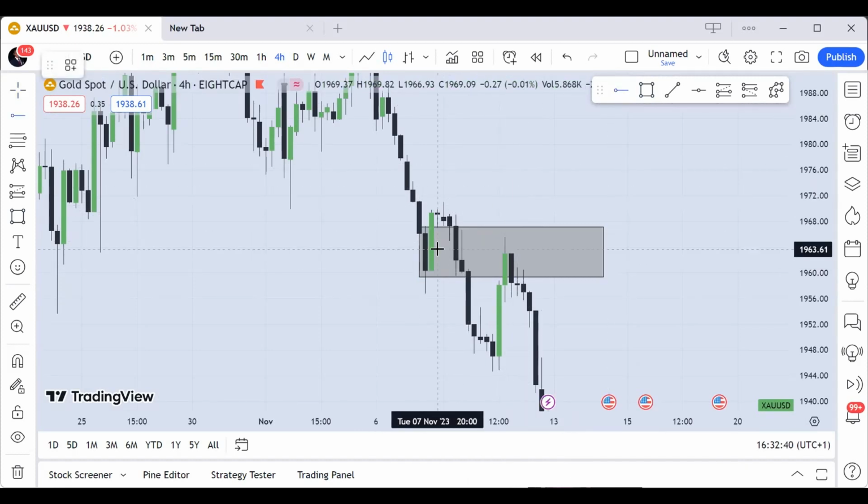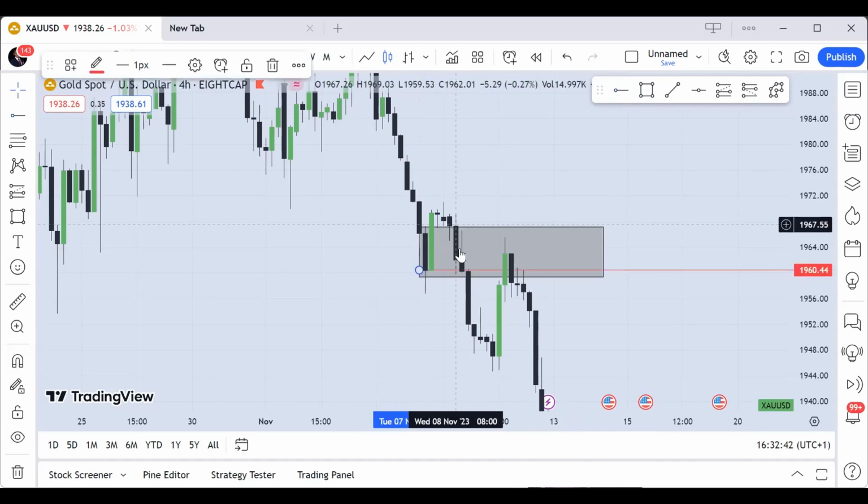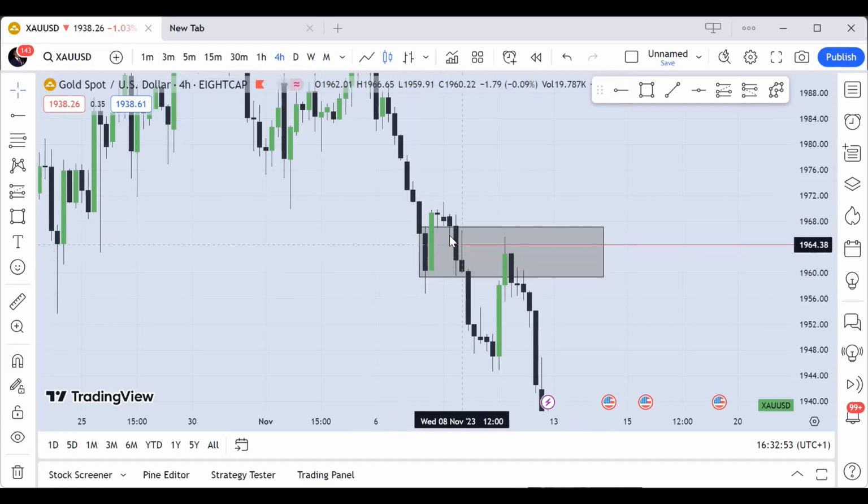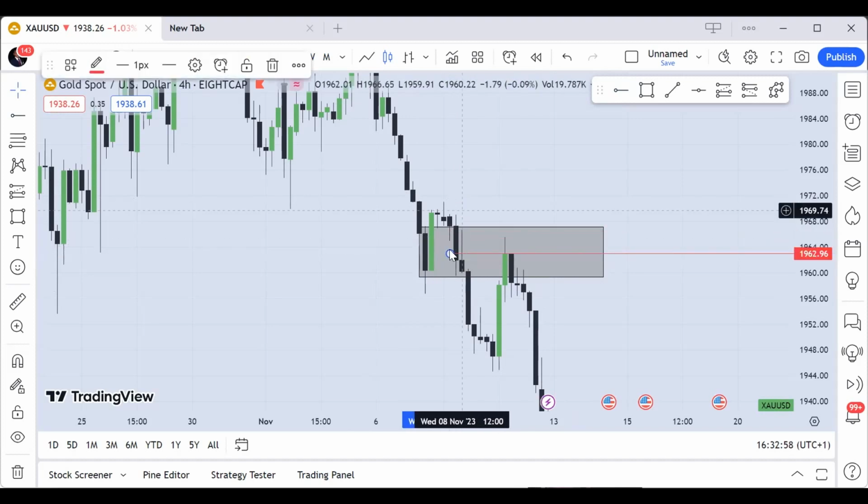But instead of buying, what did we have? Price broke the level. So you have an engulf fail on what? On 4 hours. So what price did was price retraced inside here to sell from where? The level, the H1 level here that caused this break.